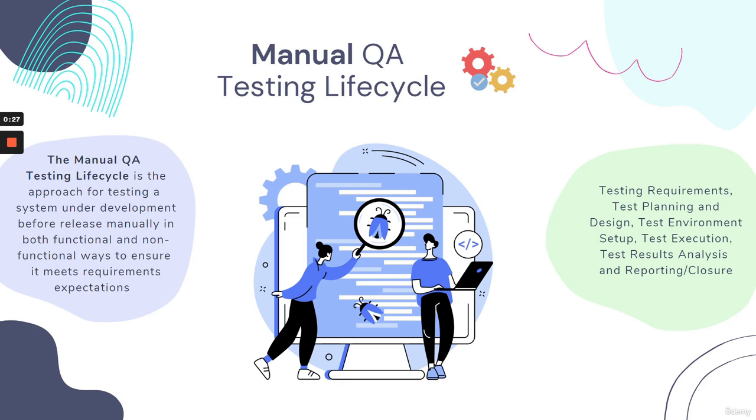The manual QA testing lifecycle involves various stages, such as testing requirements, test planning and design, test environment setup, test execution, test results analysis, and reporting or closure.